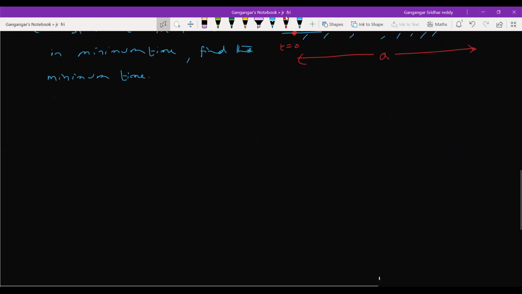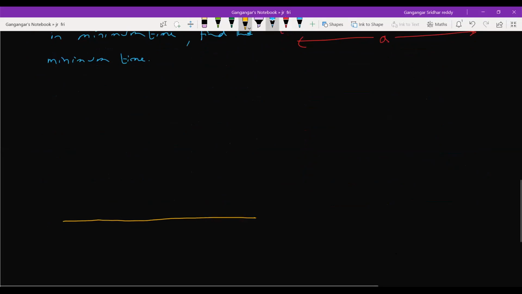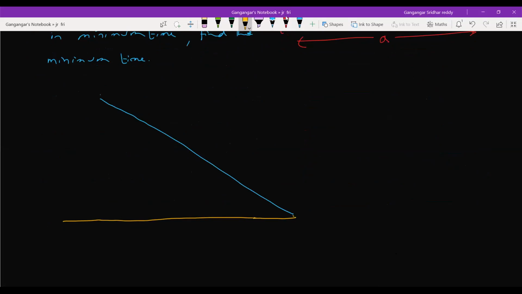So you can proceed now in this way. The same diagram, let me continue here. I'm projecting from here. Let me take that point of projection as origin.